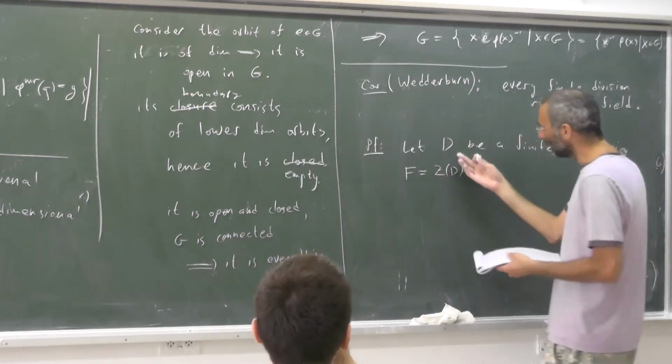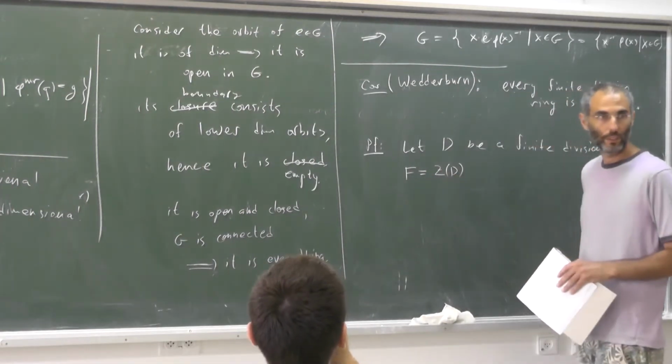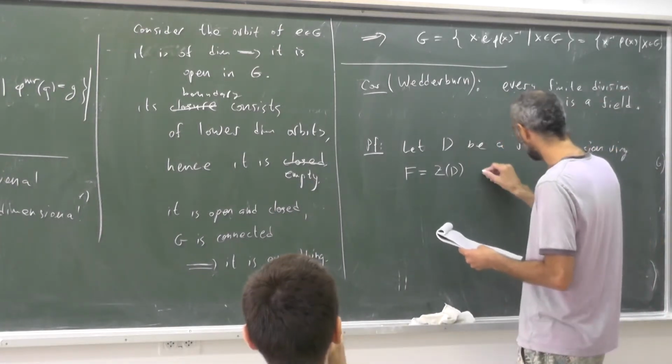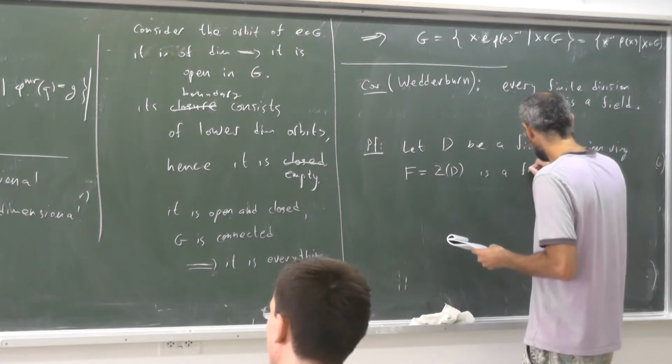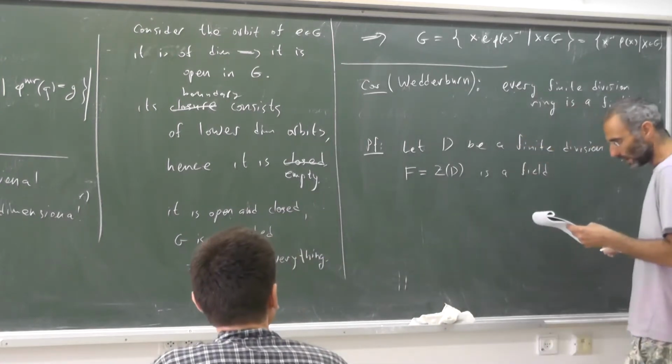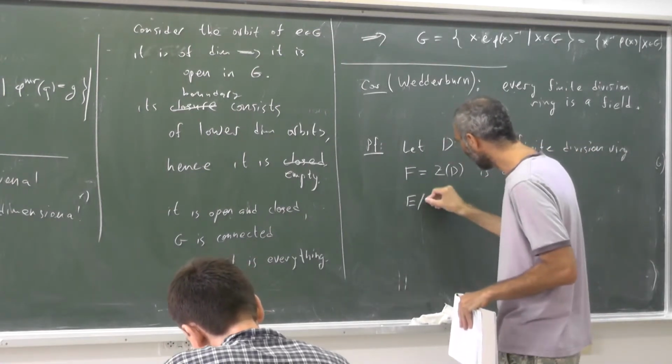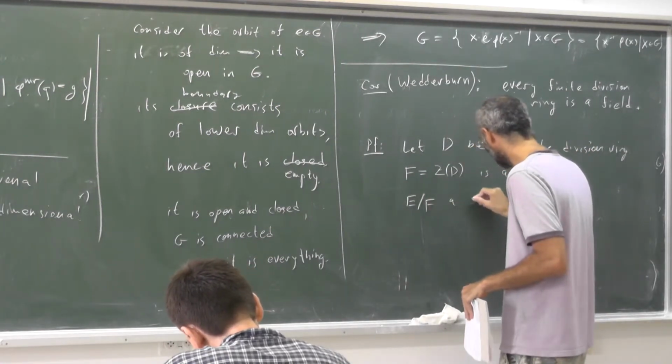And D becomes a central division algebra over F. Speaking of the field F, I will work over that one, of course. And now we pick E over F a splitting field for D.